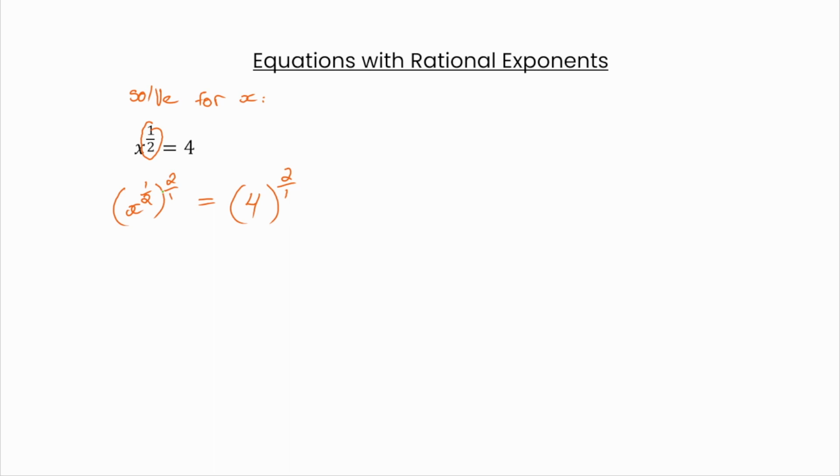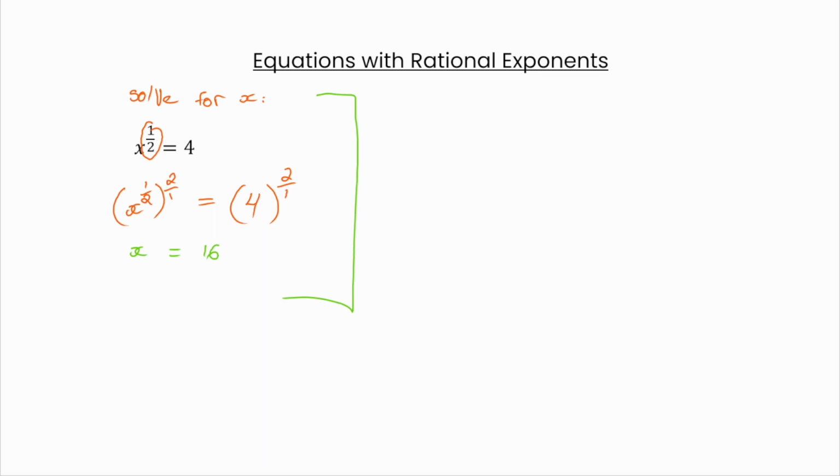These fractions are going to cancel, because remember our exponent rules: if you have a power to a power, they multiply. So you can cross cancel, and you can even use your calculator here. Because we've inversed this fraction, this will be to the power of 1. You shouldn't need a calculator because it's just 4 squared, but if you need one, that's okay too. And we get 16. I don't have to write x to the 1, but I just did that for emphasis.